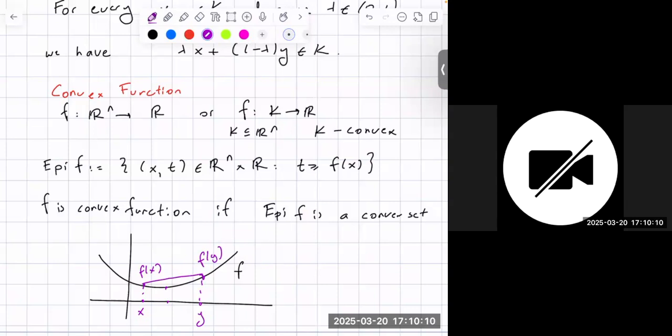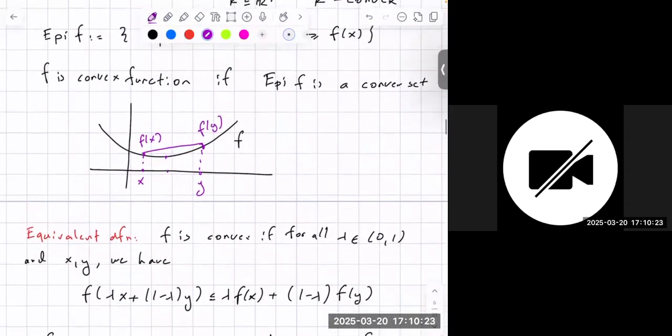That's an equivalent way to think about convexity. So pick the way you like. I'm going to give you a couple more ways. Mathematically, you can write it this way. This is the line segment, f(x) and f(y) are getting combined, and it always stays above the value the function gives.